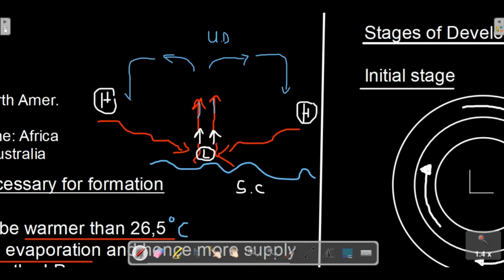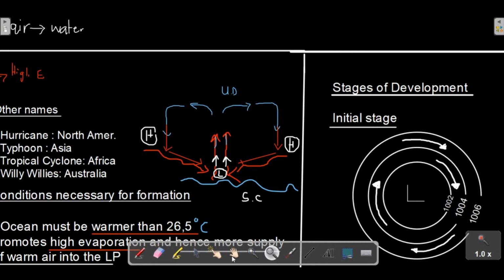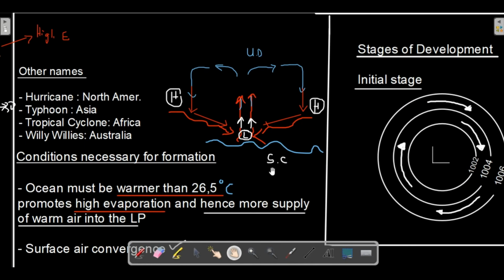So as it sinks down, okay, now it will warm up. Okay, so as it moves down, it actually warms up, and guess what? It will again move towards that low pressure. Okay, so as you can see now, you've created this circulation. This circulation actually maintains the growth of the tropical cyclones.